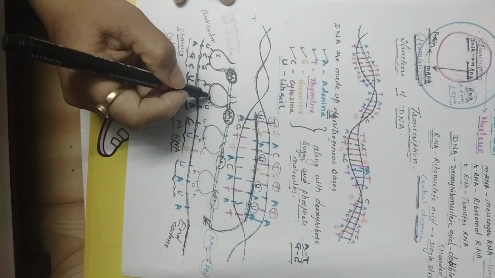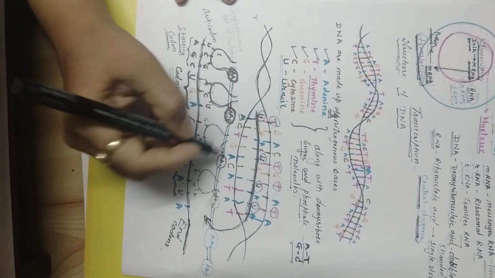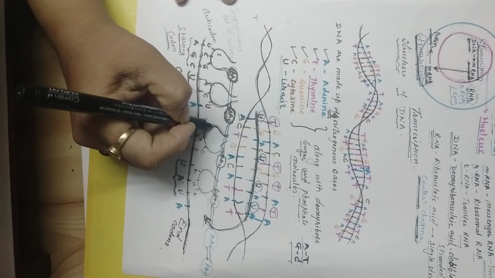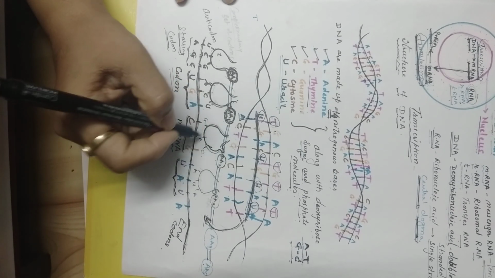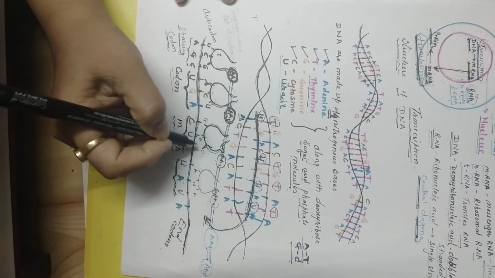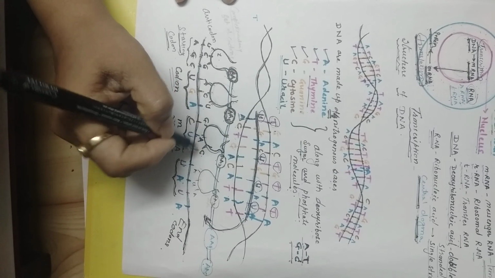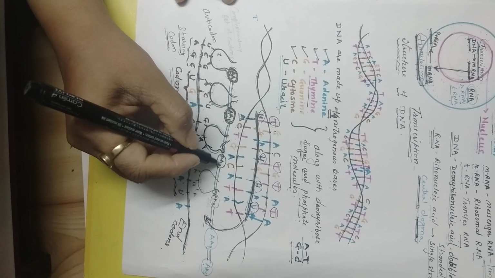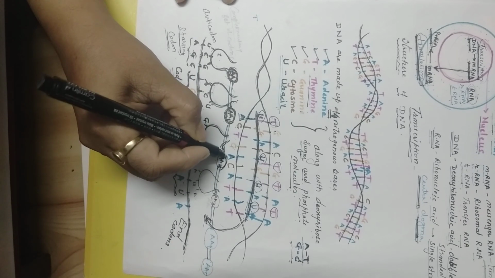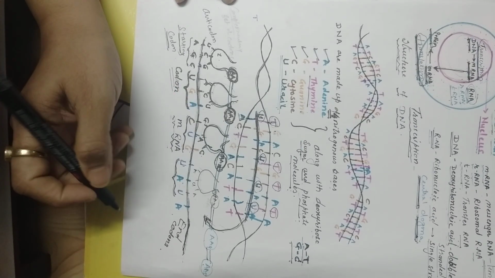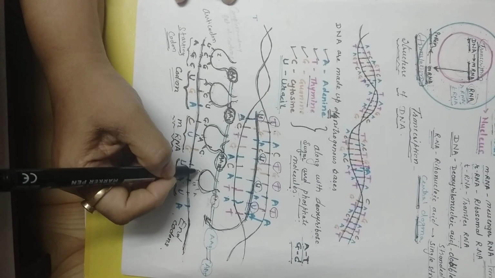Then next transfer RNA will come having anticodons according to the specific codons, and according to this codon, specific type of amino acid it will bring. Let us consider AA2 is the amino acid. In the same way again next will also come, with their anticodons and specific type of amino acid.